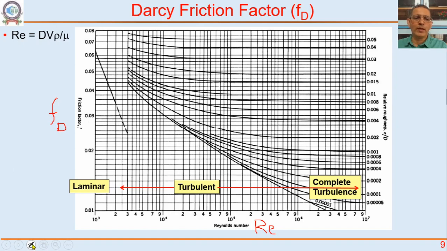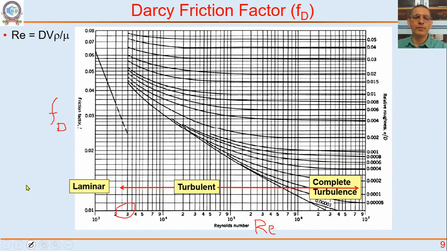One regime where Reynolds number is less than 2100. That's called as laminar regime, laminar flow, layers sliding over. And there you find that friction factor is inversely related to Reynolds number. Whereas in turbulent flow beyond 2100, between 2100 to about 4000, that's called as transition regime. So this regime is our transition regime between 2000 to 4000.